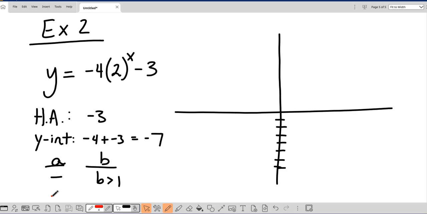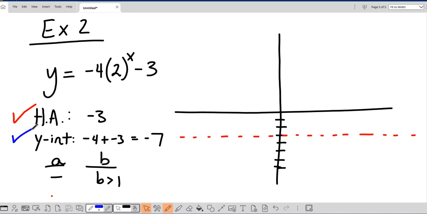Okay, so my horizontal asymptote is -3. So I'm going to draw a flat line at negative 3. I'll make it dotted though. That's my invisible barrier that the graph cannot cross. Next, we have our y-intercept.